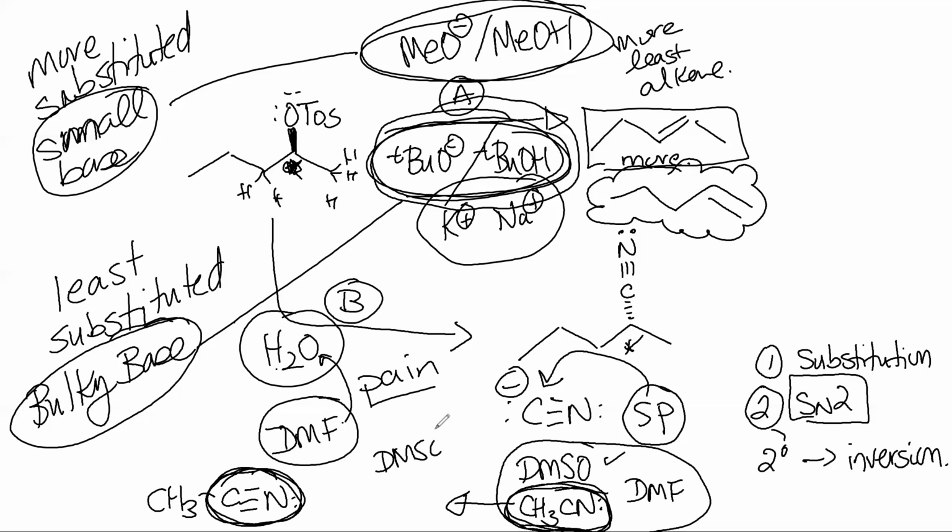DMSO is probably, they call this the universal solvent because it's good at dissolving organic molecules, polar molecules and non-polar molecules. The trouble is that it goes through your skin. It's a really strange sort of sensation. I guess DMSO is sometimes used on farms.